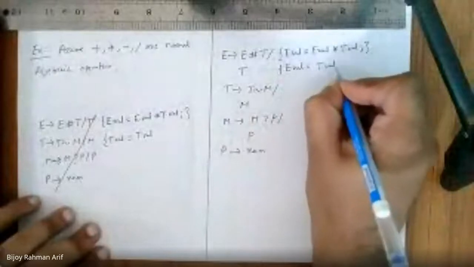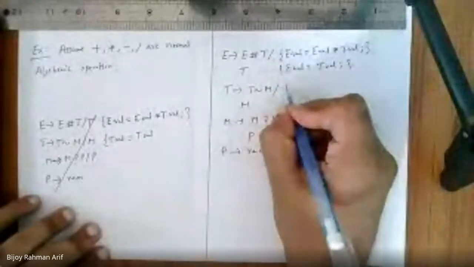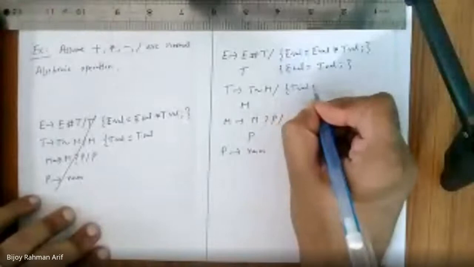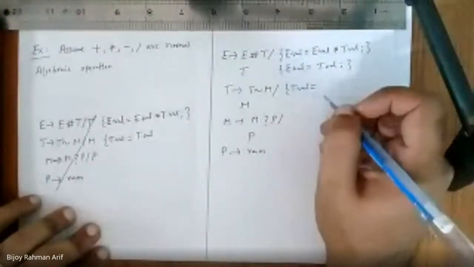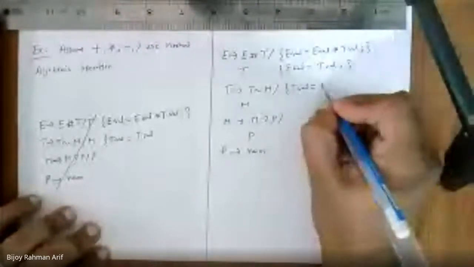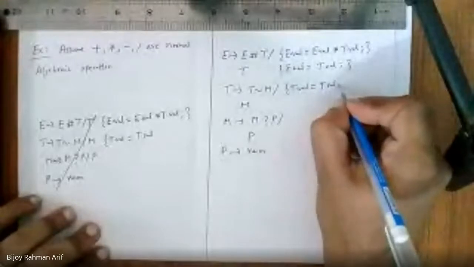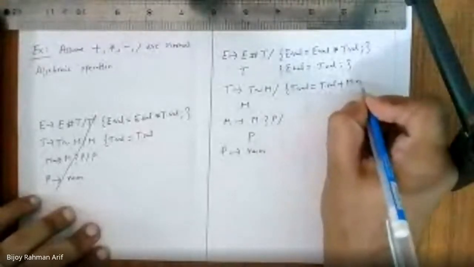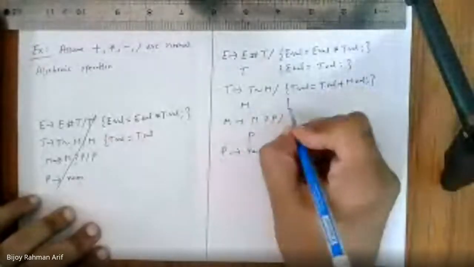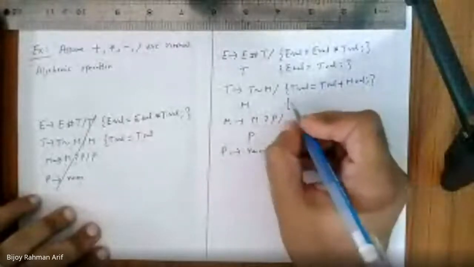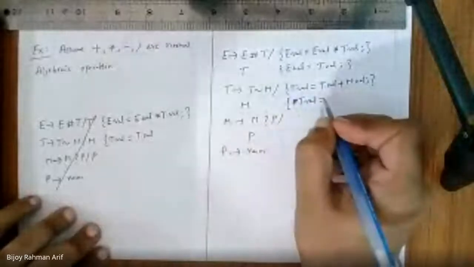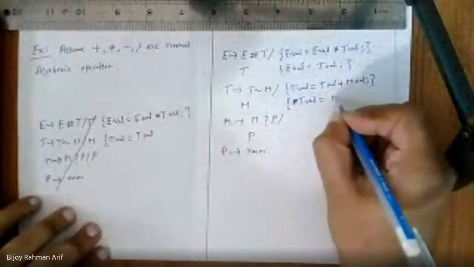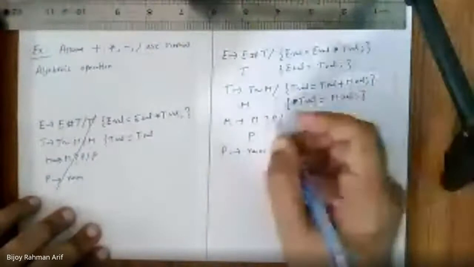T dot val is equal to T dot val, let's say plus M dot val. Then T dot val is equal to M dot val.